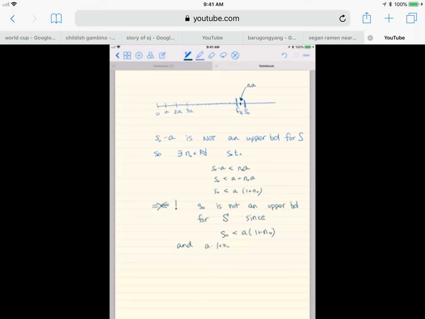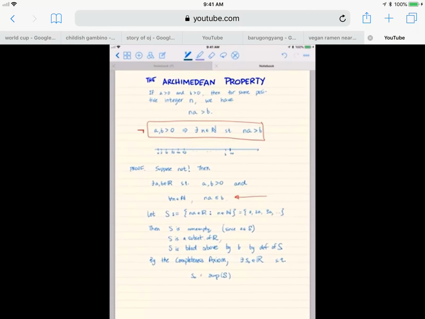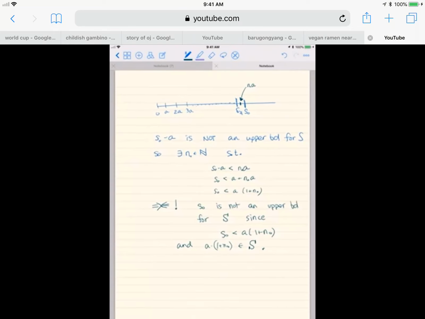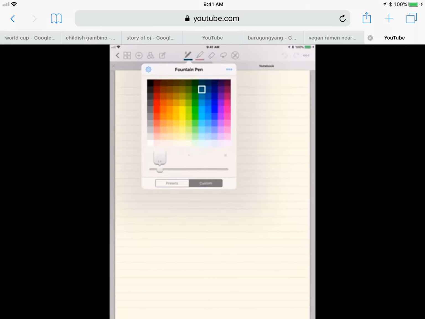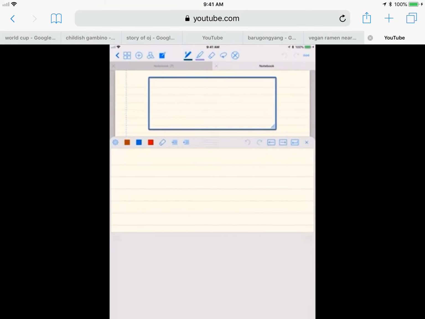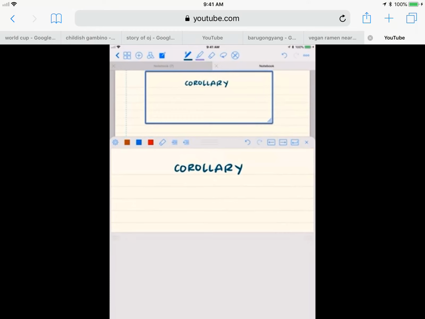And so there are two facts that flow from, that are an easy result of, this Archimedean property. So I kind of want to mention those. And so we can consider these corollaries.